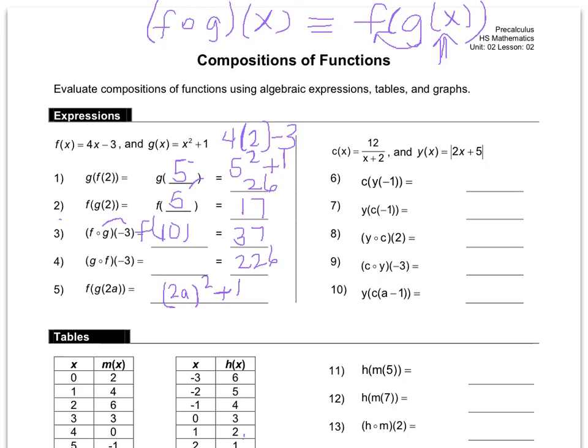Everywhere we see an x in function f, we replace it with 2a squared plus 1, which gives us 4 times 2a squared plus 1. If you wish to expand it, this would be 4 times 4a squared plus 1. And then distributing the 4 leaves us with 16a squared plus 4.